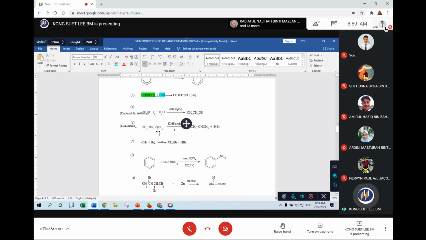Okay, UV. Finally, there's a question about UV. UV is radical. Yes. You cannot answer free radical only. You must answer free radical substitution. Okay, this is benzene, and then the H is replaced by NO2.